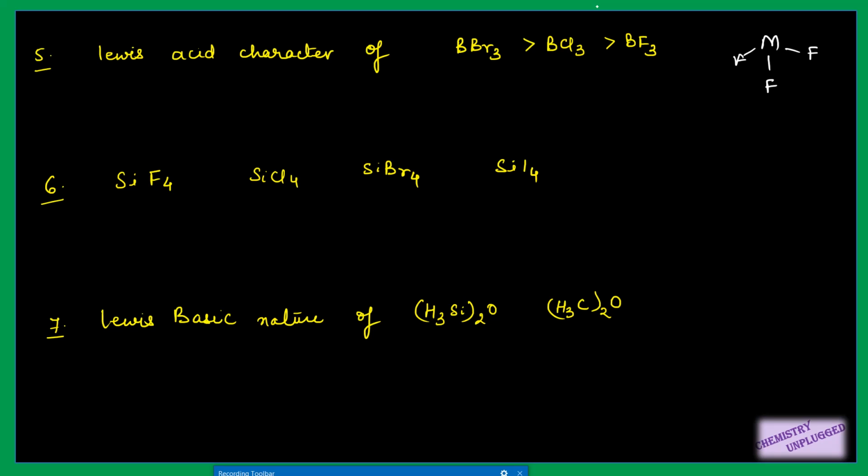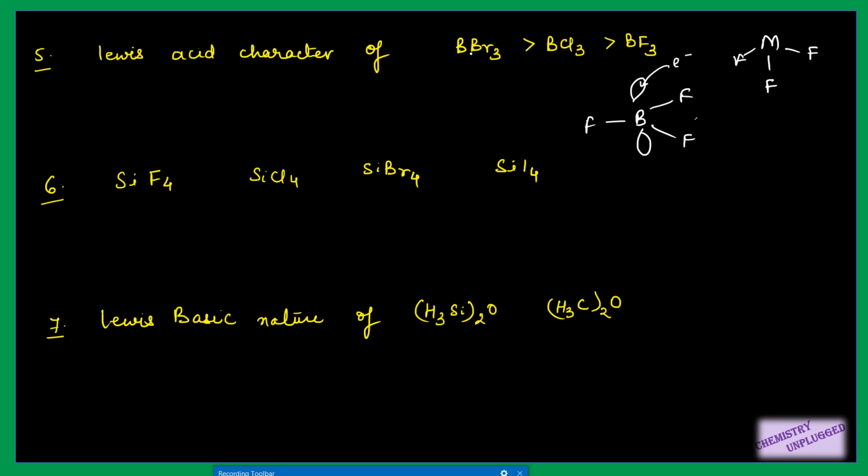All the trihalides of boron and aluminum are good Lewis acids. They all can accept electrons. They have a planar structure like this, and a p orbital perpendicular to it which is empty, and electrons can be donated into it. So it can act as a good Lewis acid.